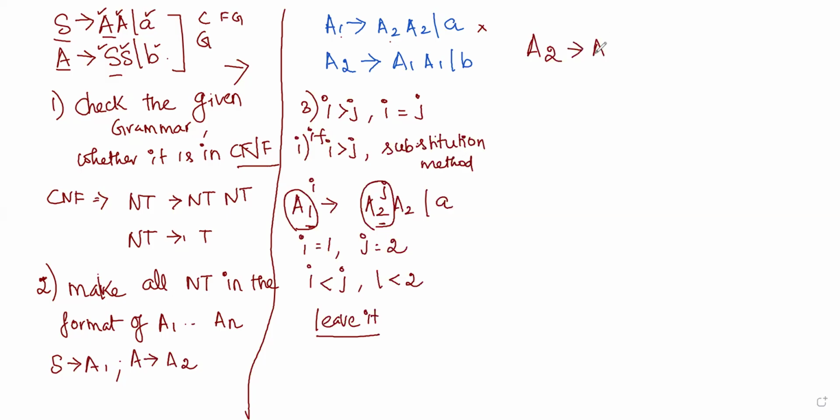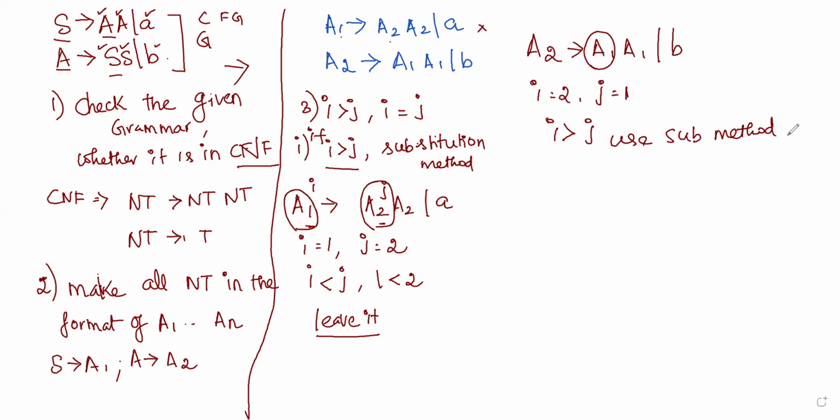Now for the second production, A2 gives A1 and B. So here I is equal to 2 and J is equal to only this symbol, 1. So here I is greater than J. If I is greater than J, what you have to do? Use the substitution method. What is the substitution method?